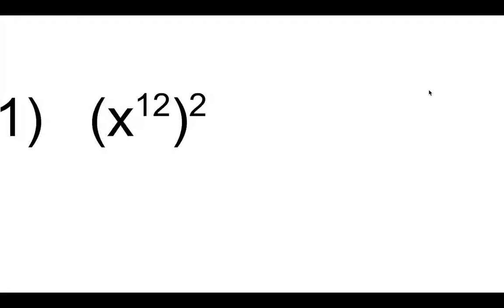So here, I've got x to the 12th power, but then I'm raising that whole x to the 12th to the second power. So what's really happening is what? I've got my base is now this whole thing, okay? That's the base. The 2 is my new exponent. So what I'm really saying is I've got x to the 12th times x to the 12th.